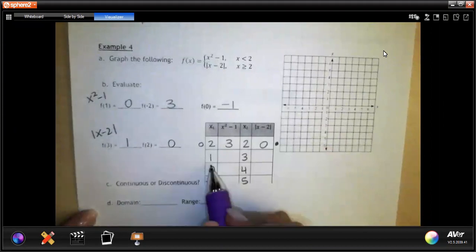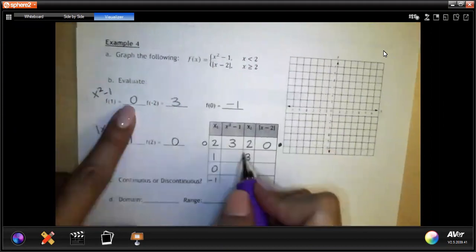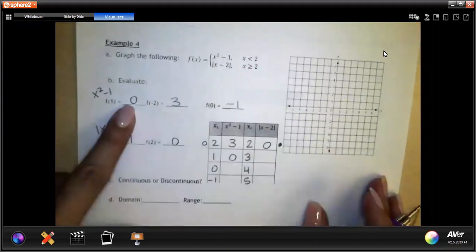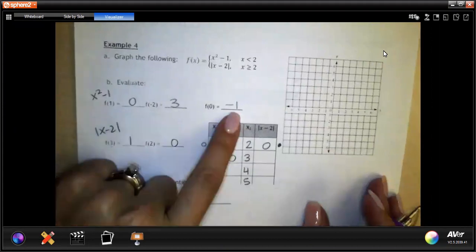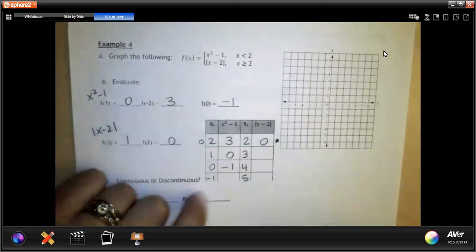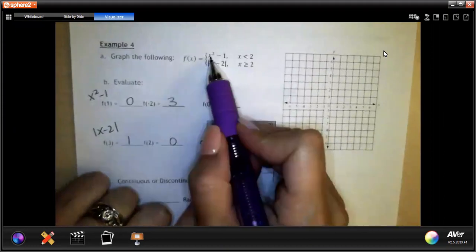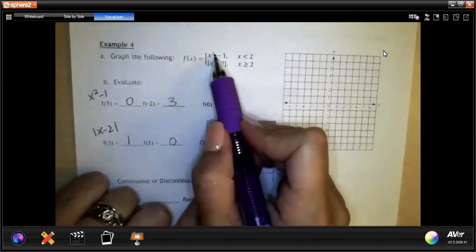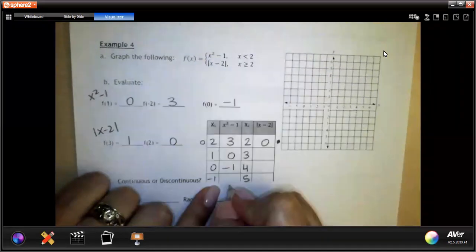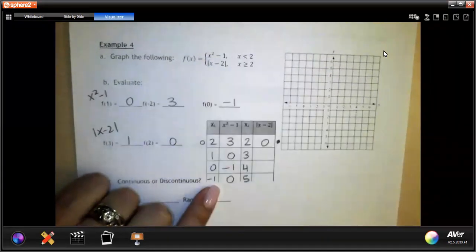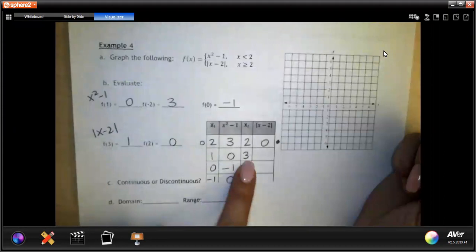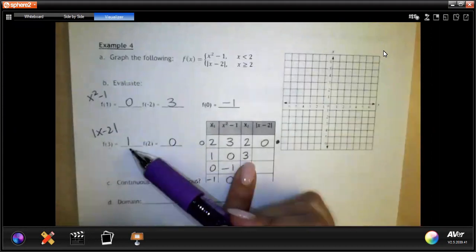For 1, that we have right here, so that is 0. For 0, we have it right here, it is negative 1. For negative 1, we didn't have that one, so I'm going to plug it in here. Negative 1 squared is 1, minus 1 is 0. Now we move to our second equation here. The 3, we had it right here, it was 1.